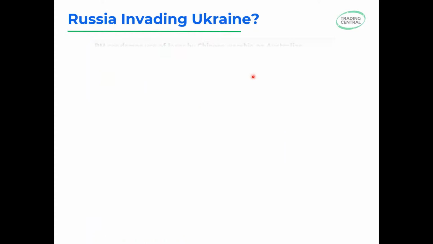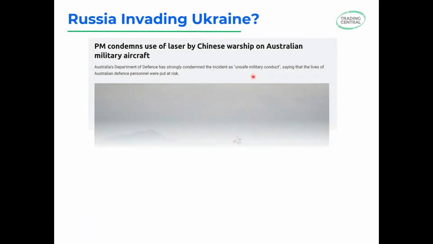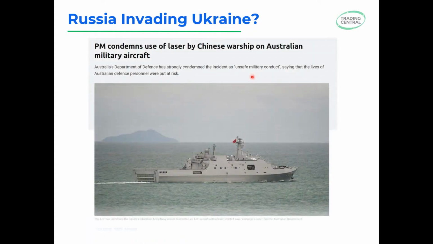And also, do you know of this incident? A Chinese warship pointed a laser at an Australian military aircraft. Do you know where this happened? It happened in the northern part of Australian waters. We are seeing a Chinese warship over there.